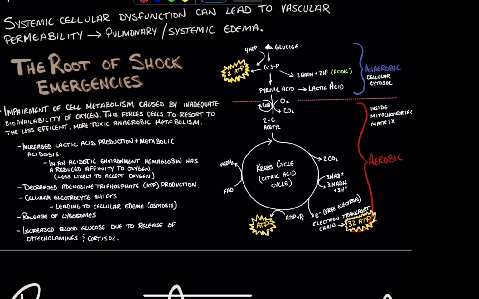So it stems down really to the impairment of cell metabolism caused by inadequate bioavailability of oxygen. Oxygen is what we rely on for our mitochondria to actually process glucose.